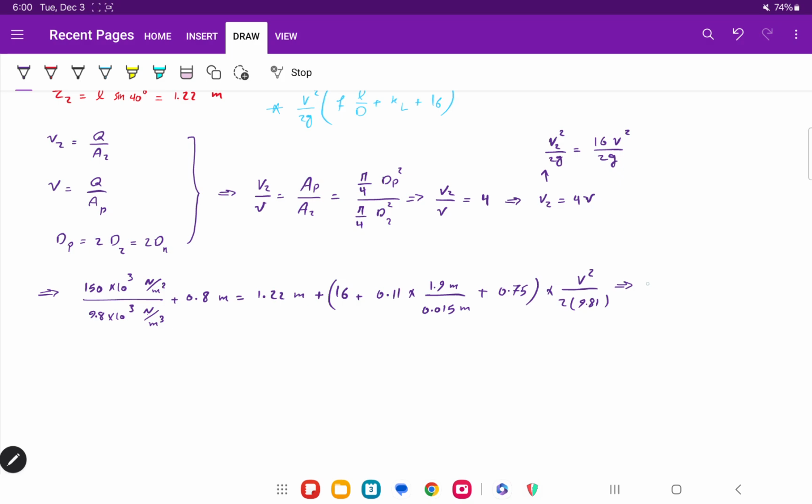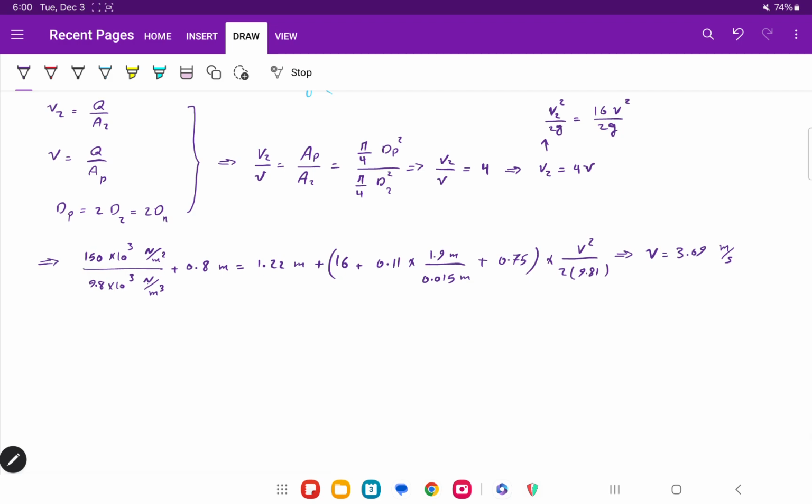From this you can find the velocity, 3.09 meters per second, and by having the velocity you can find Q equals V times area. Don't forget that this V is the velocity inside the pipe, not at the exit of the nozzle.